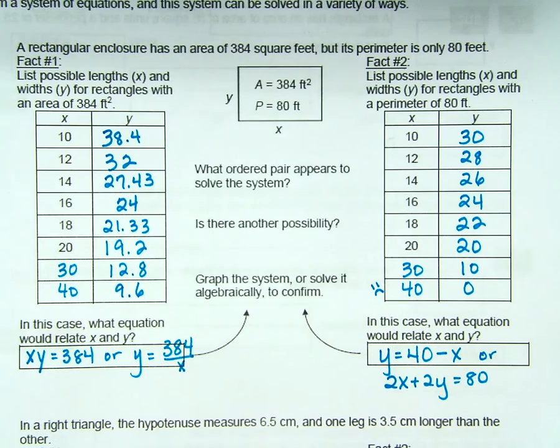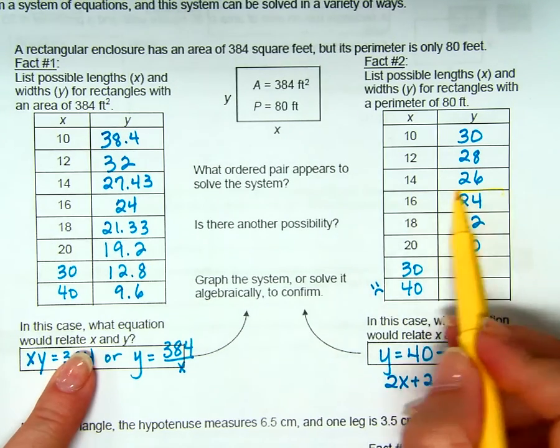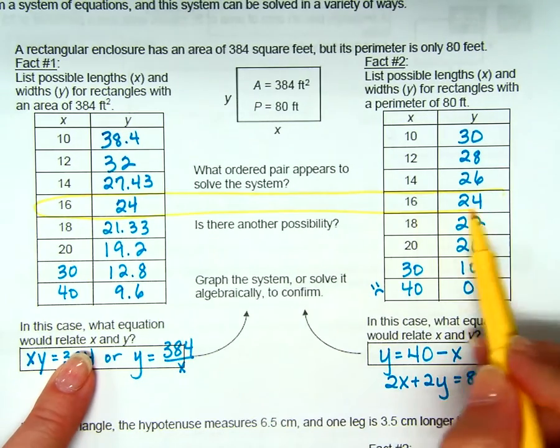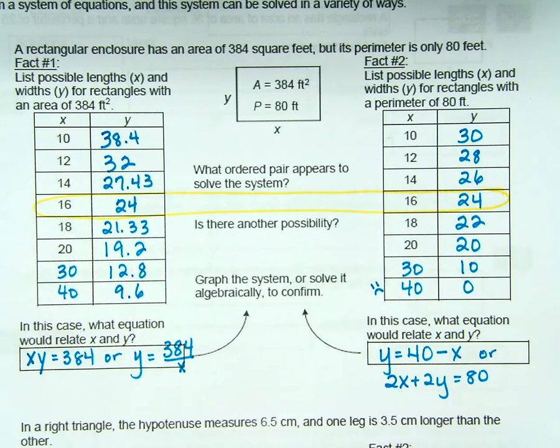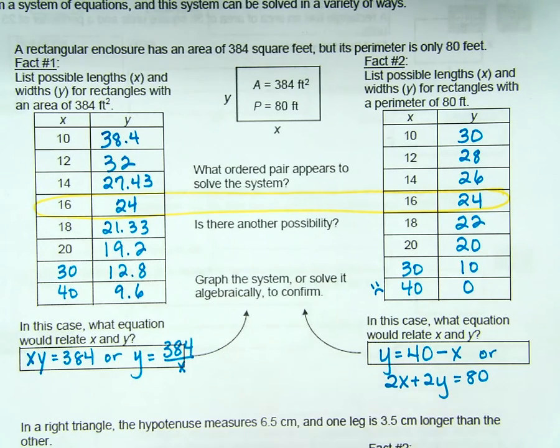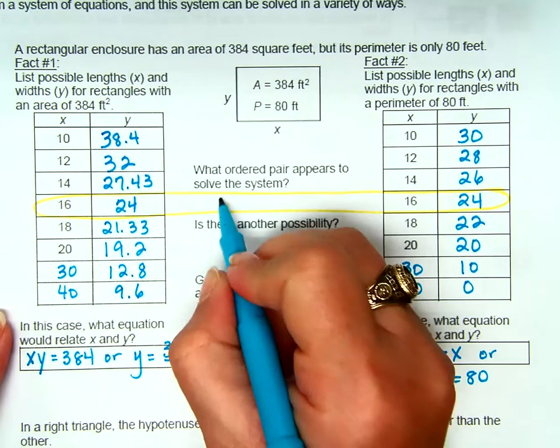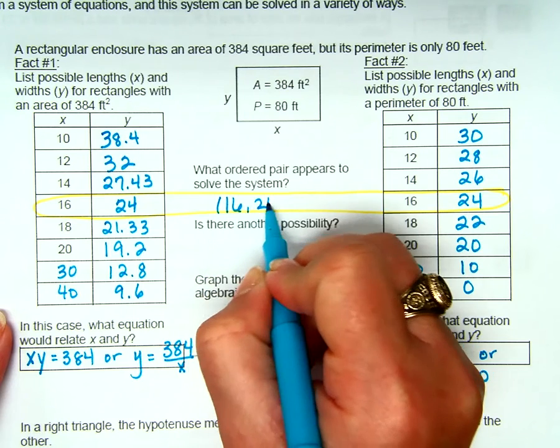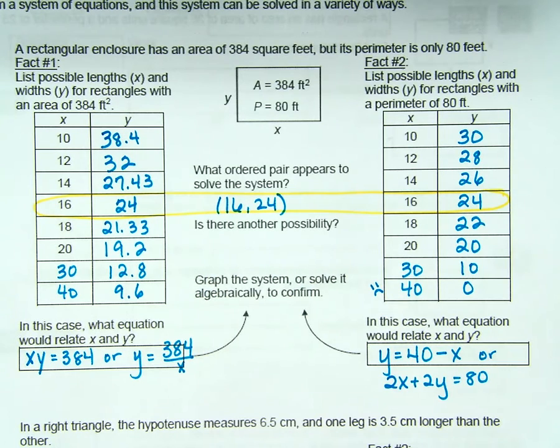You can see which one they both have, can't you? Do you see how they both have 16 and 24? Okay, so which ordered pair appears to solve the system? 16 and 24. Is there another possibility?